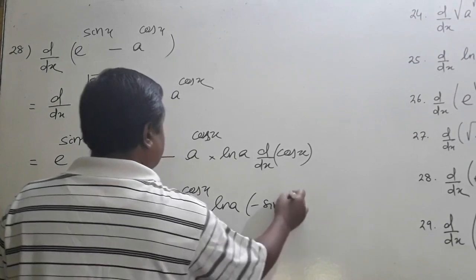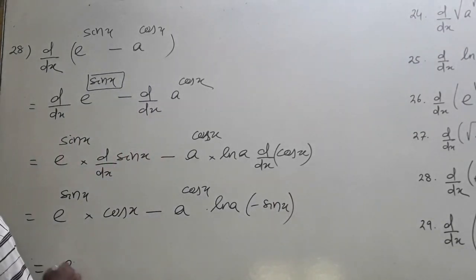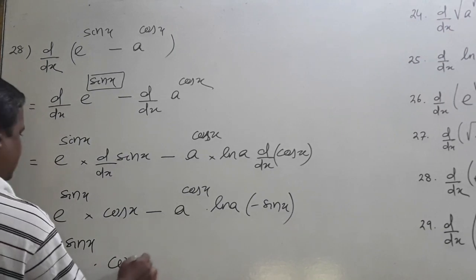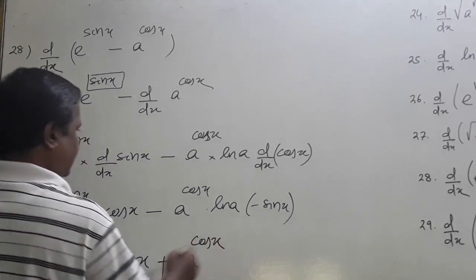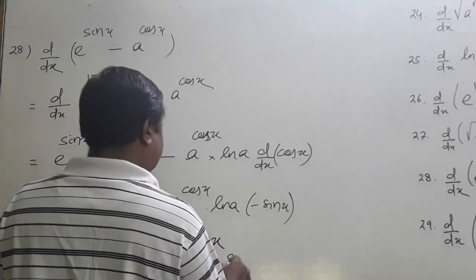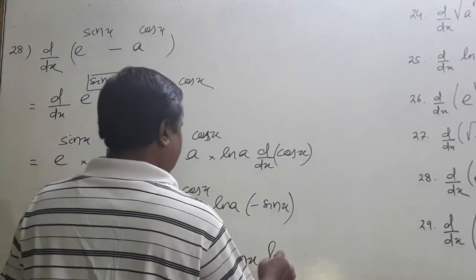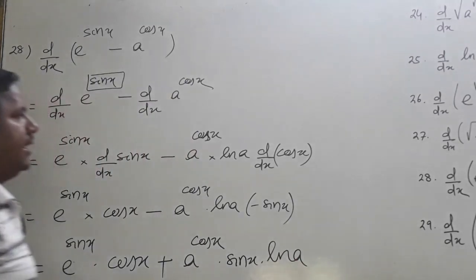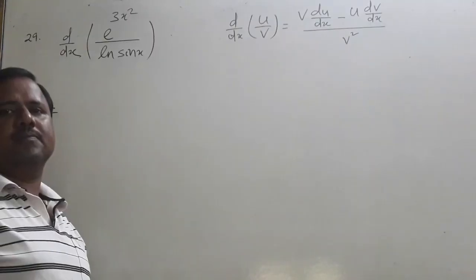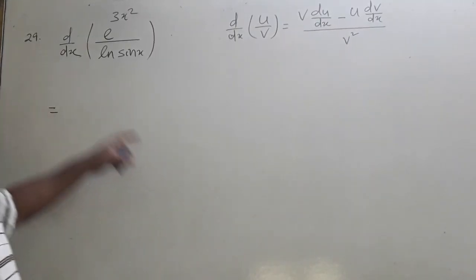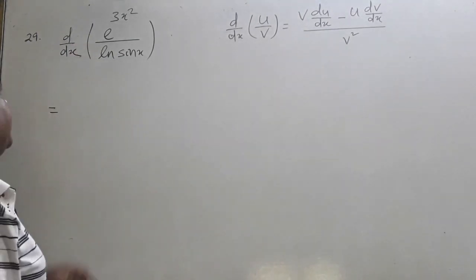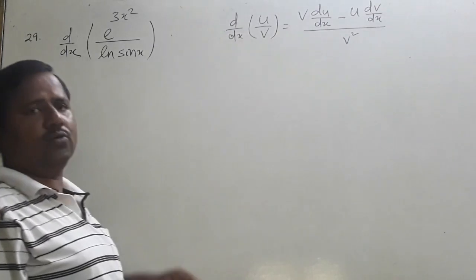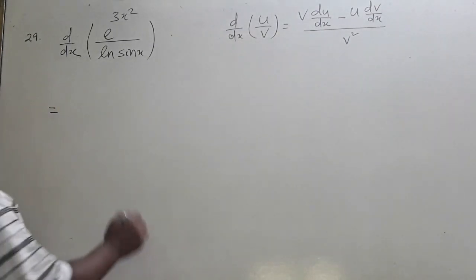So the final answer is e to the power sin x into cos x plus a to the power cos x into sin x into ln a. Okay. Now this is the problem number 29, d/dx of u by v. This is in the form of u by v, and you know the formula: v derivative of u.